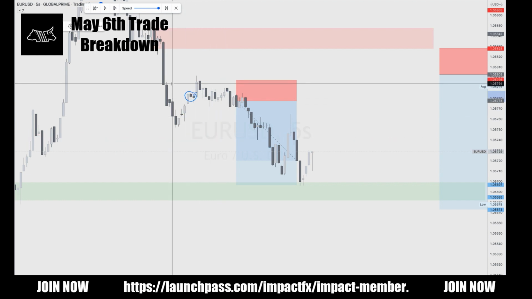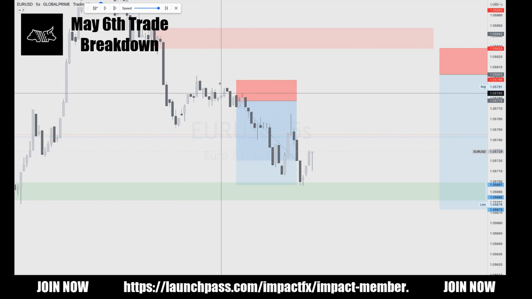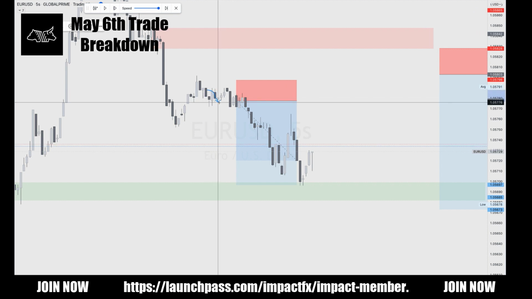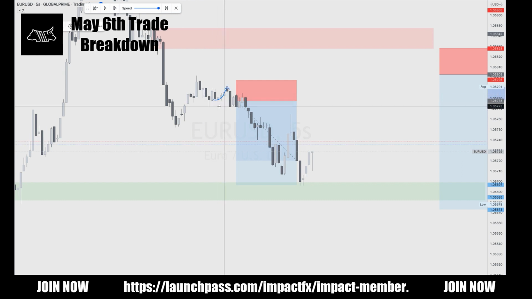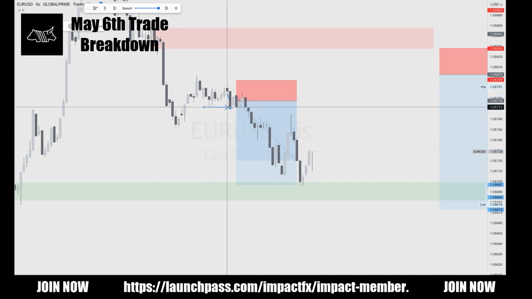We have a rally-base-rally that took out supply. This created a new high. This is your trend. You're making an uptrend. All of a sudden, price disrespected this order block and it retested the supply. Okay, cool. It then comes in and I want to see this supply get taken. It doesn't. It retests one more time and then it breaks the demand.